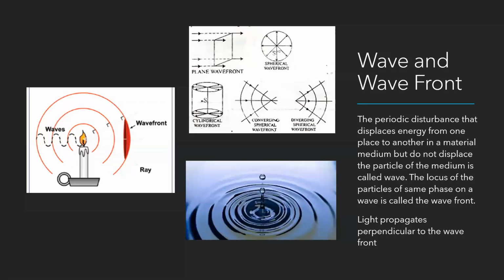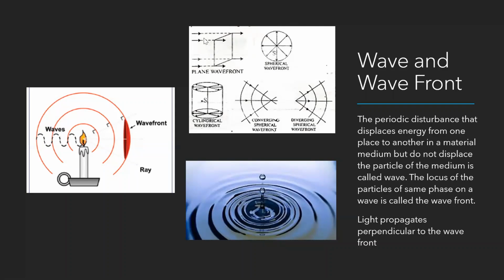If it is a point source like a candle, the light rays go radially outwards, and the wavefront is spherical like a ball. Even if it is shown in a plane, you have to assume that it is spherical.